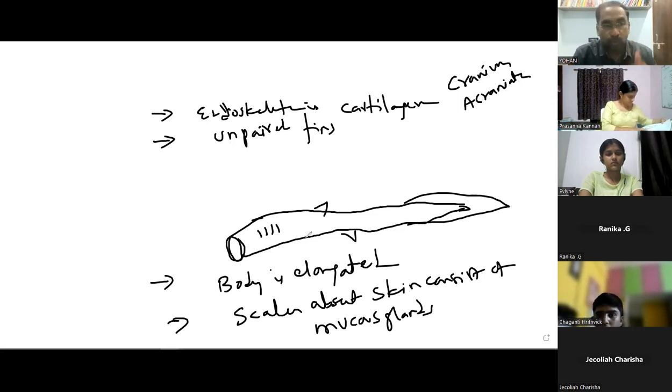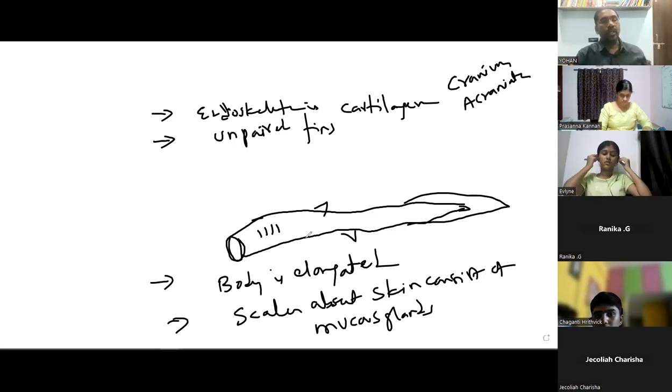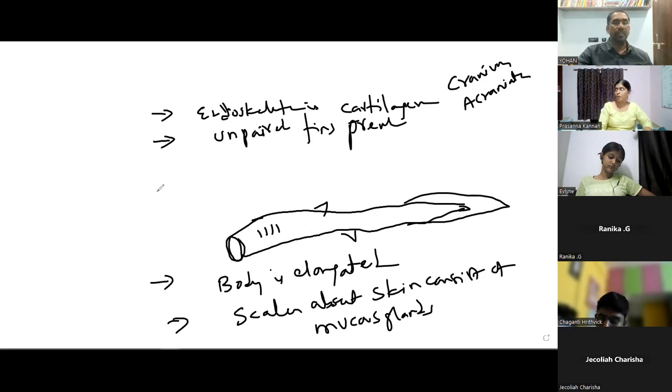If you know how to bat, you can bat for any ball thrown by bowler. Likewise, if you know the sequence, you can remember the points from any class. That's a simple technique to remember the classification. Unpaired fins present means paired fins absent.